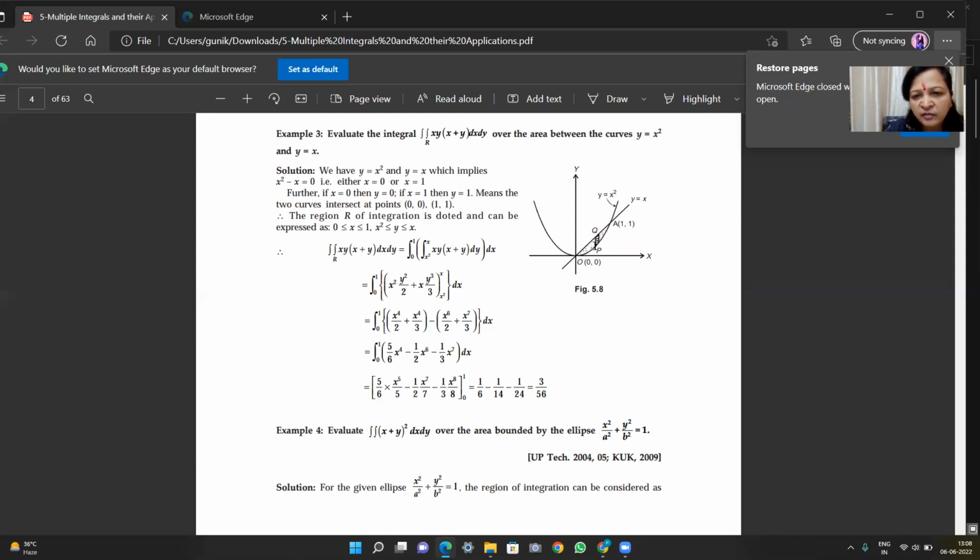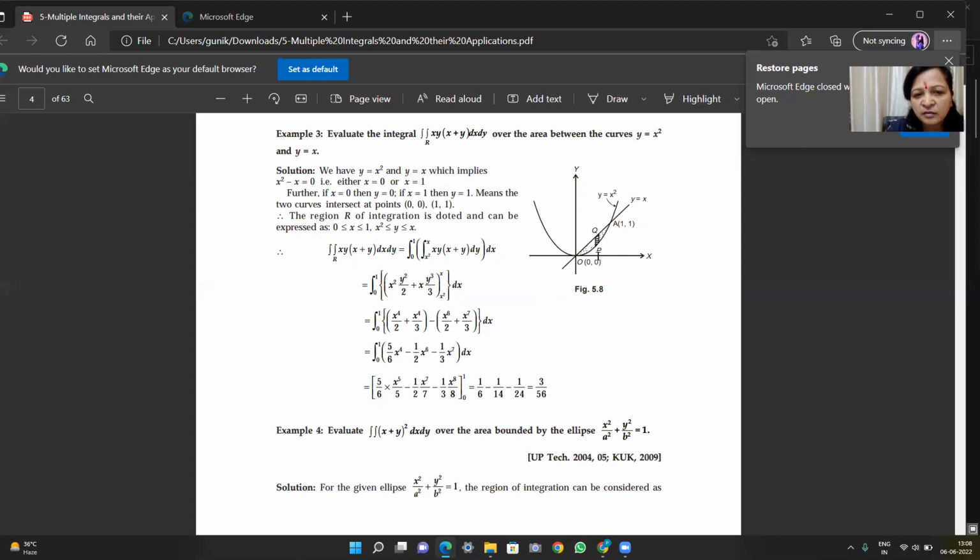So here again we have taken a strip parallel to y-axis, and when we move this strip from left to right, then we can see here that x will vary from 0 to 1 and y will vary from y... इस strip का जो lower part है, the lower part of this strip lies on the parabola y equal to x square and the upper part lies on y equal to x.